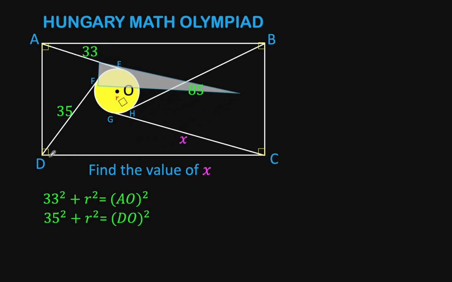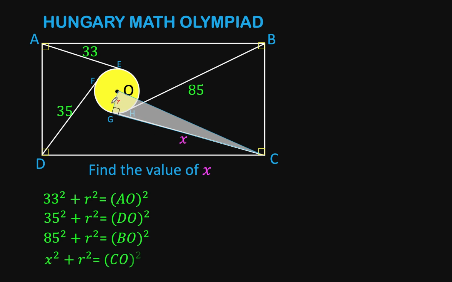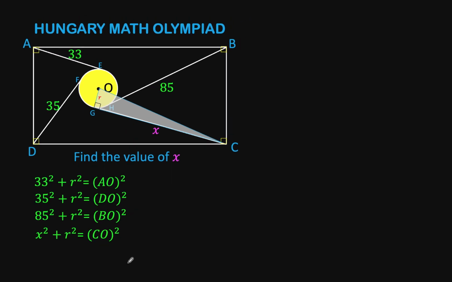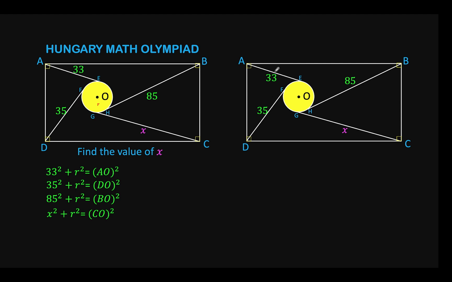Then, for this right triangle here, 85 squared plus R squared is equal to BO squared. And finally, for this other right triangle, x squared plus r squared is equal to the square of the hypotenuse CO.